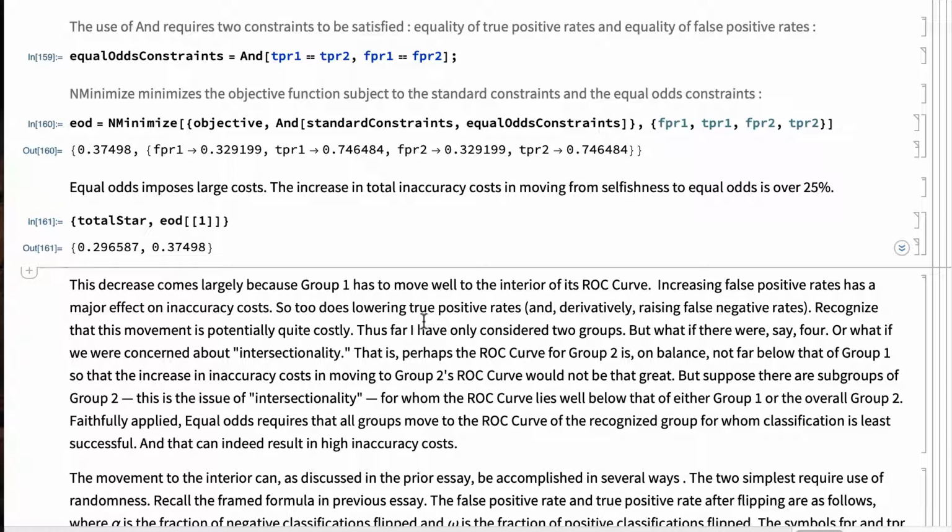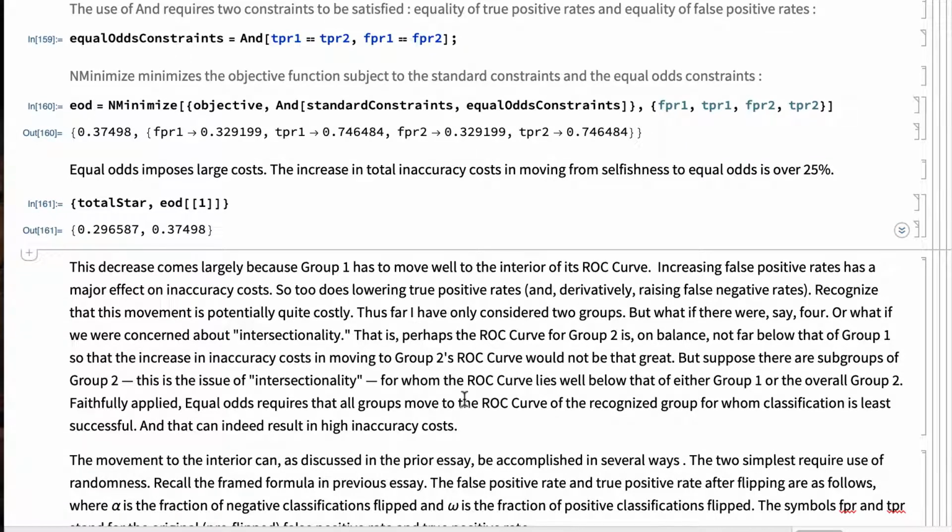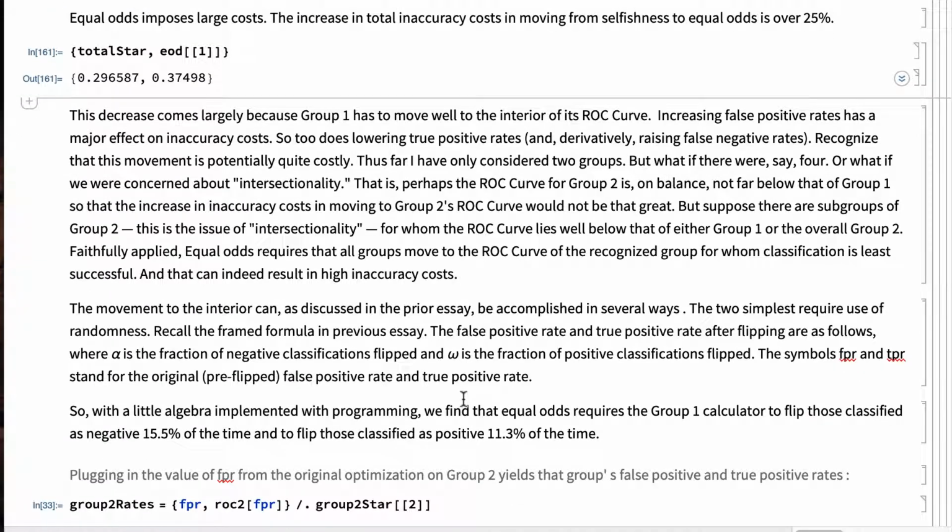And if we consider group 2B to be a relevant group, then we're going to have to drop the ROC curve for group 1 and for group 2A down to that low value, and we're going to get a great increase in inaccuracy costs. We're going to sink to the performance of the classifier on its least successful group. And that, although it might be just, does result in pretty high inaccuracy costs.